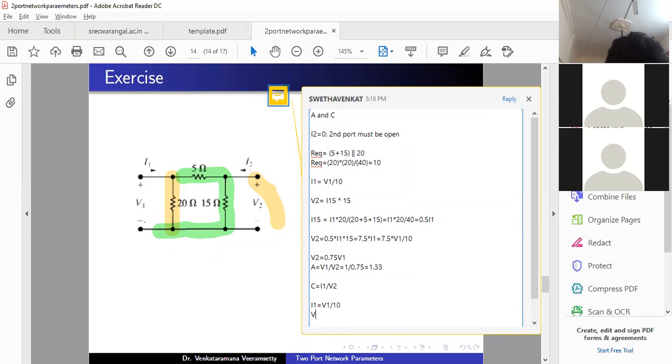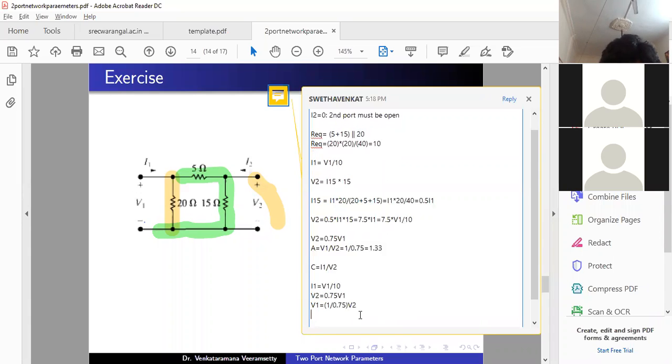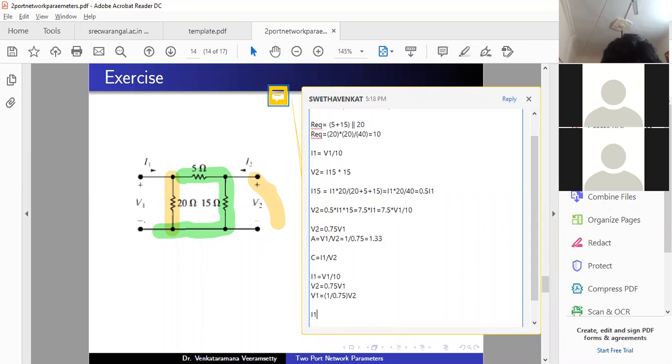So from this equation, we can write V1 equal to 1 divided by 0.75 into V2. Now replace this V1 expression here. Now what is the value of I1? I1 equals V1 divided by 10, where V1 equals 1 divided by 0.75 into V2.